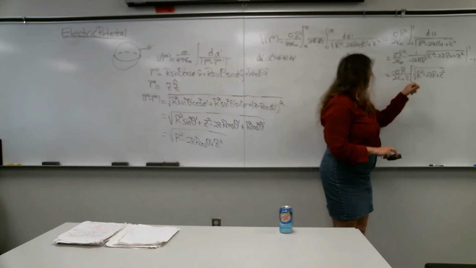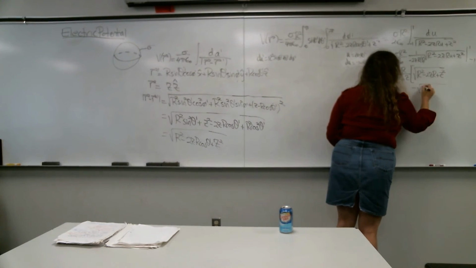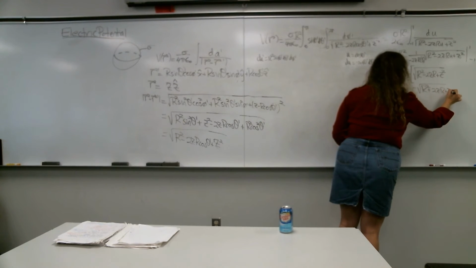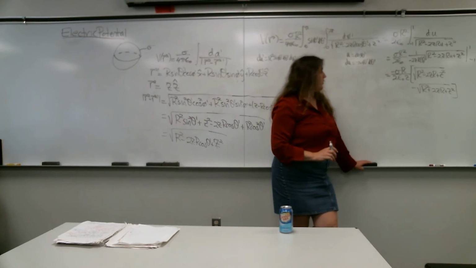I'm going to write this on the next line so I don't go off the screen. And minus the square root of r squared plus 2zr plus z squared.